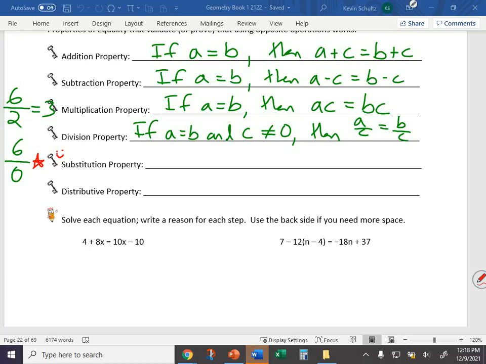There are certain properties, certain theorems that get used very commonly. Substitution is one of them. So I'm going to write in red. Yes, it stands out, right?